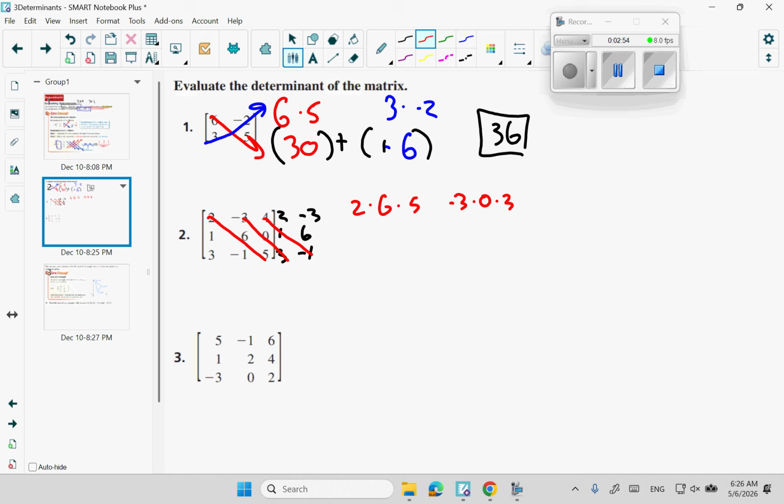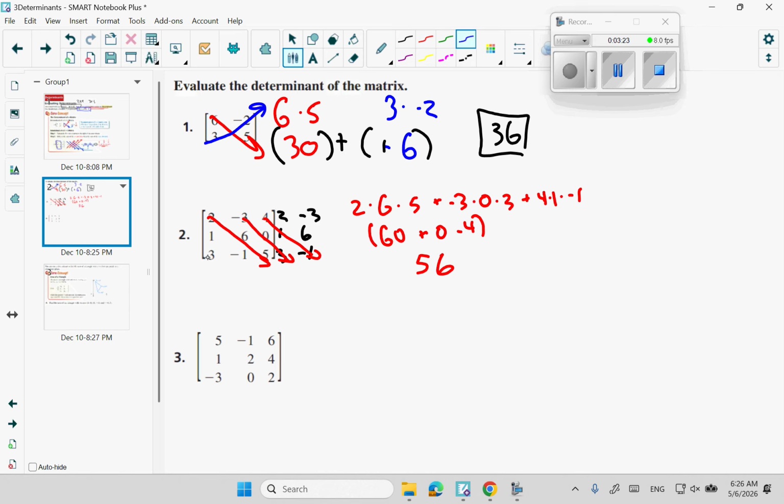Multiply these three numbers together, 4 times 1 times -1. And I'm going to add whatever I get. 2 times 6 times 5 would be 60. -3 times 0 times 3 would be 0. 4 times 1 times -1 is -4. So those three arrows add to give me 56.